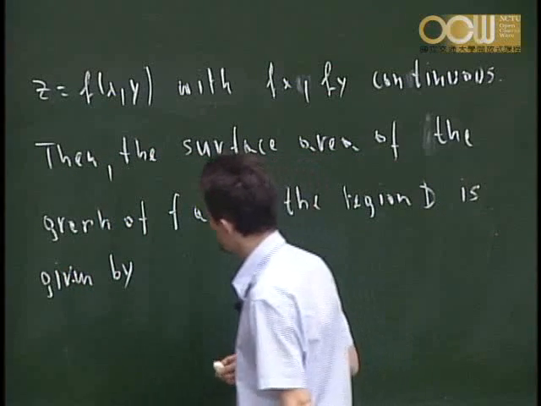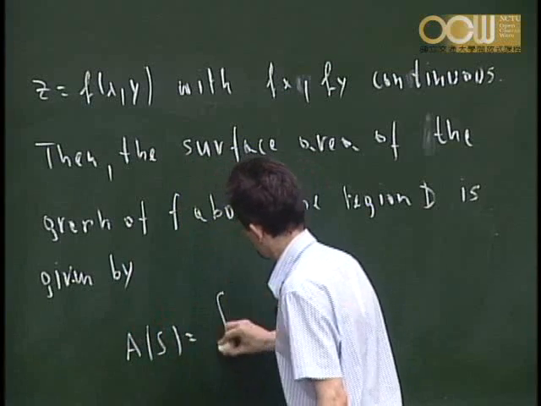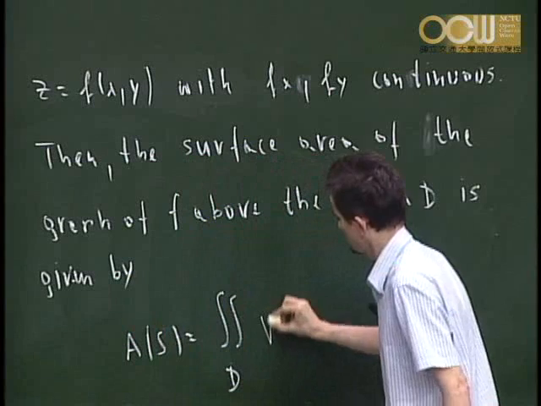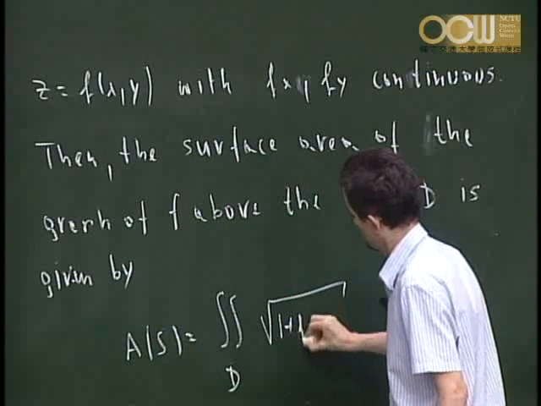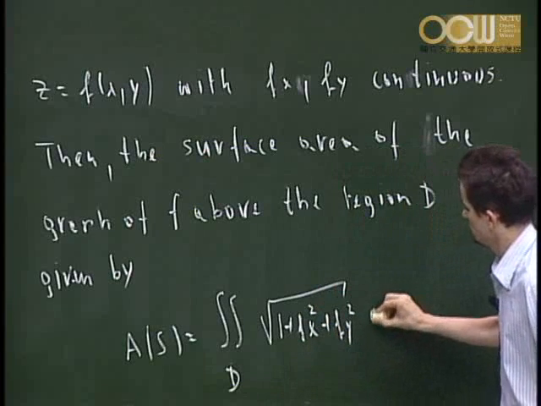So A of S is equal to the double integral over D of the square root of 1 plus fx square plus fy square dA.